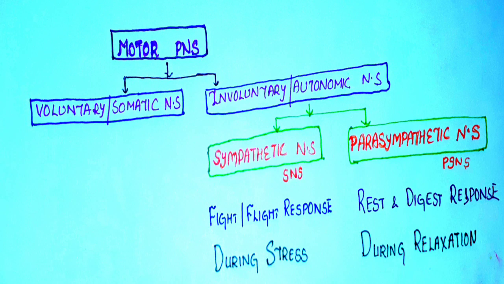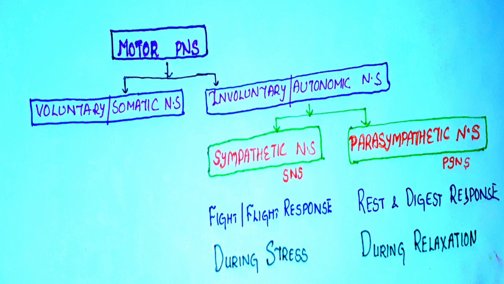So here the increase in heart rate is involuntary, which is autonomic, but running is voluntary, which is somatic.